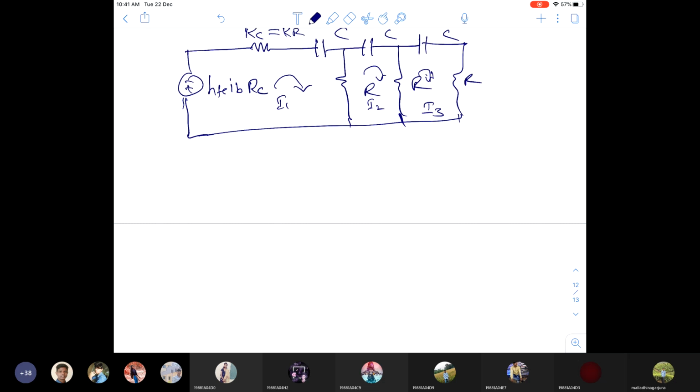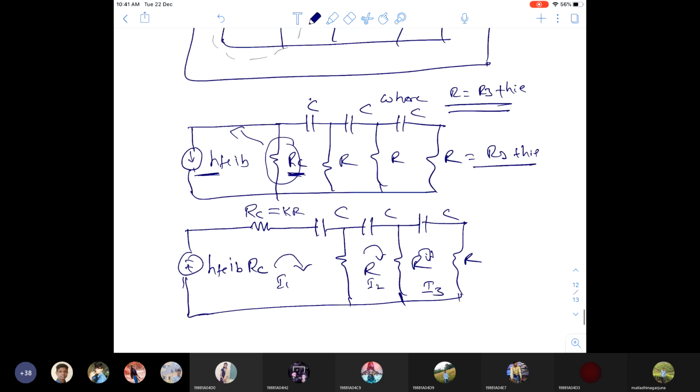I'm going to calculate the determinant of it, and from that I will get some equation. Once the equation is obtained, what is our procedure? Separate the imaginary part, make it 0, and you will get the frequency. Separate the real part, make it 0, and you will get the condition for sustained oscillation. That procedure is the same. And remember one thing here.